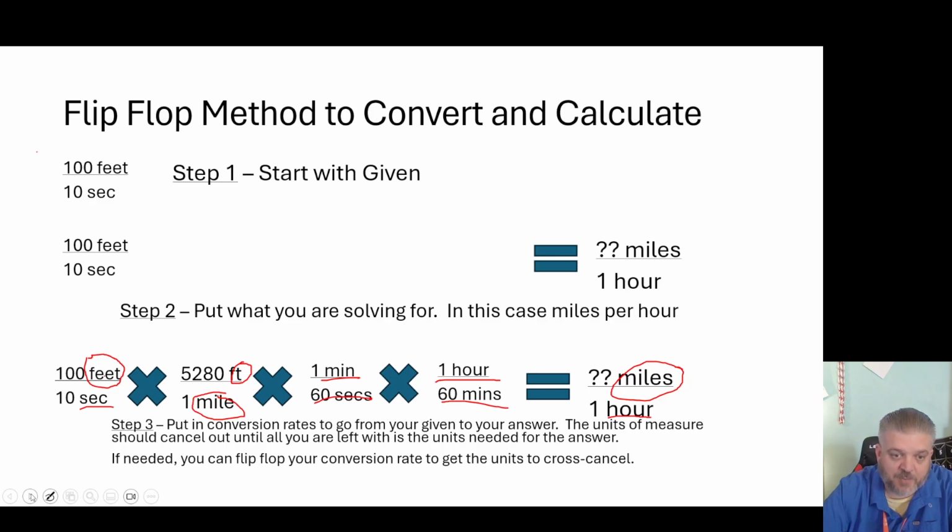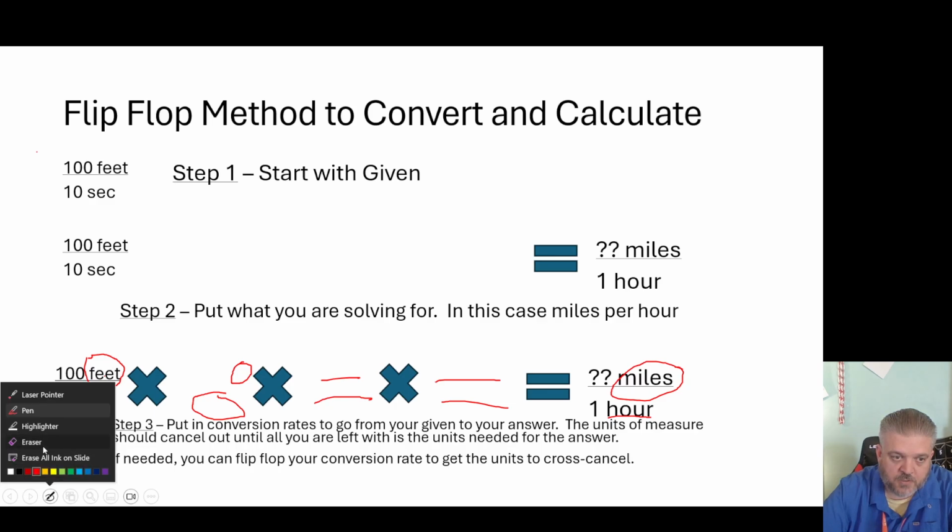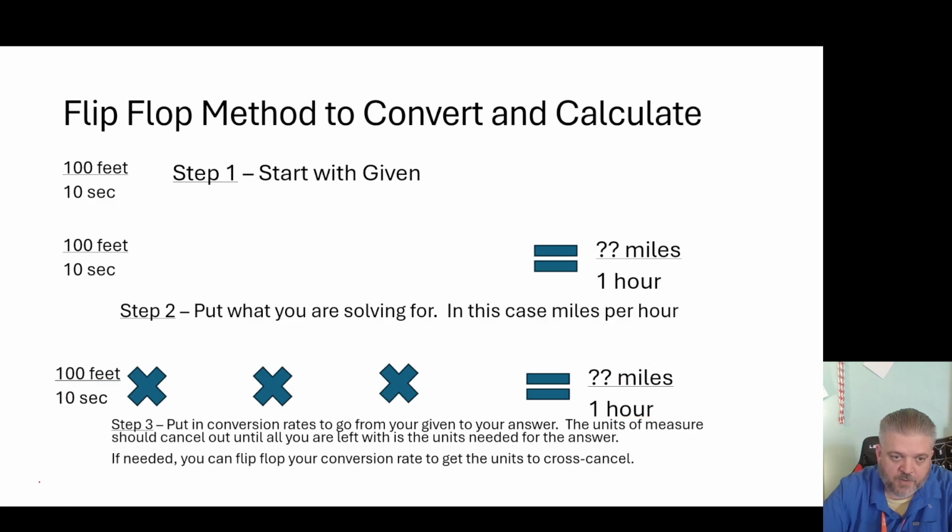I need to flip or flip-flop my conversion rates so that all of my numerators and denominators cancel each other out, and as I go across multiplying, I end up with miles in the top and hours in the bottom. So I'm going to erase all my notes and flip my conversions.